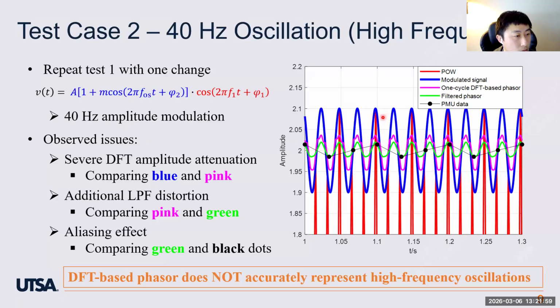So going from the blue curve, which is the ground truth of the modulated oscillation, if you calculate the DFT phasor, you get the pink curve. And you can notice that there is a big difference between the blue curve and the pink curve. And that was caused by the DFT algorithm.